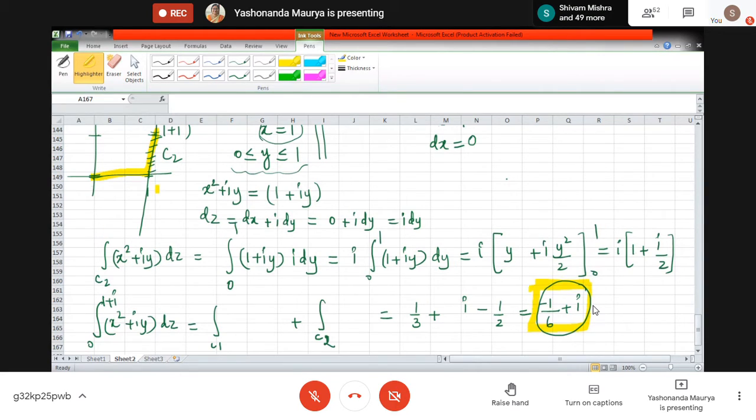Now what can be concluded from this is that the line integral depends on the path that we have chosen. Same two points that we have, but the moment we change the path, we may get different values for the integral. So that is the conclusion over here.